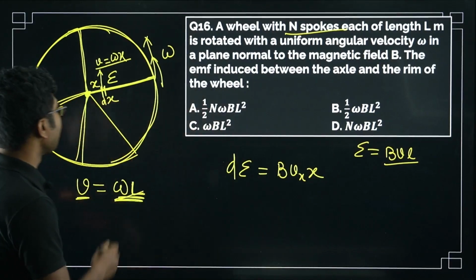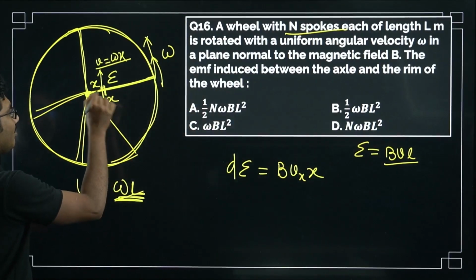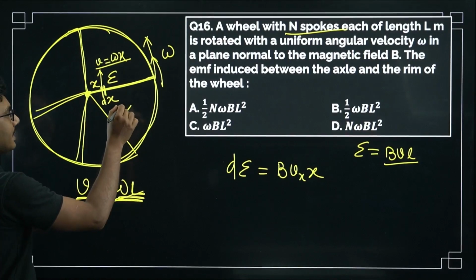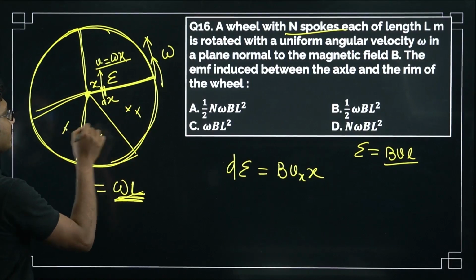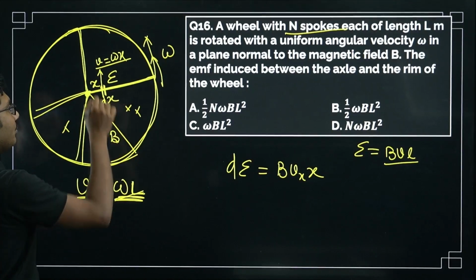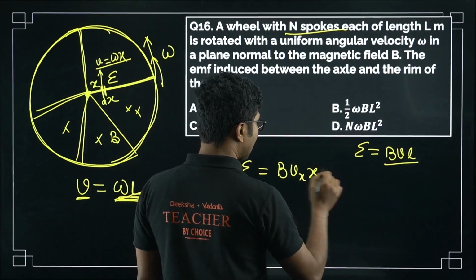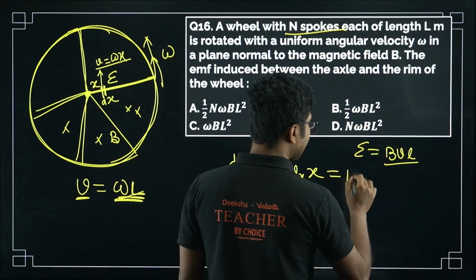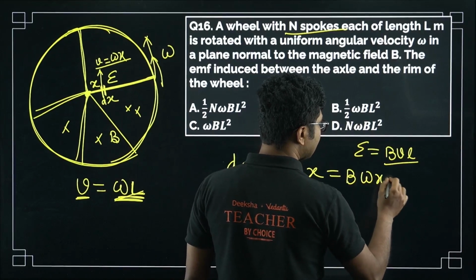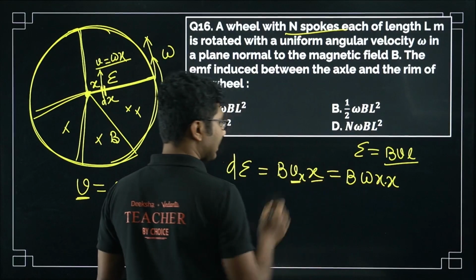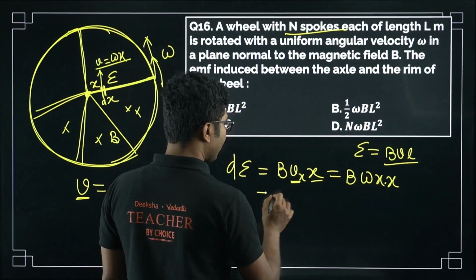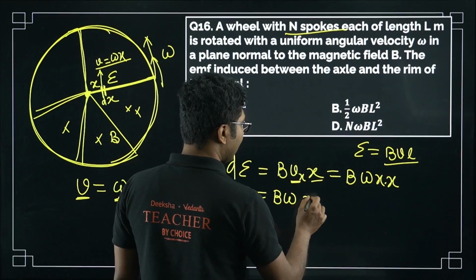This is the induced EMF at this point, right? B is constant obviously. B into Vx into dx. Now what is Vx? Vx is omega into x. So what we got? We got B omega x into dx.